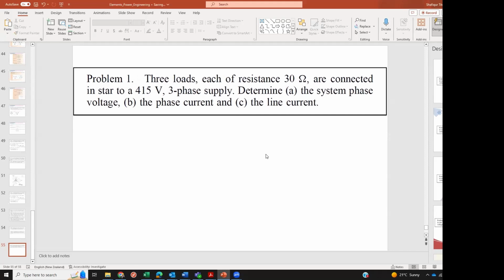So this is the problem. Let me see how many of you can do this. We'll do it for both cases, star and delta. Initially you start with the star and then we can do the delta. Let me know if you have any question.